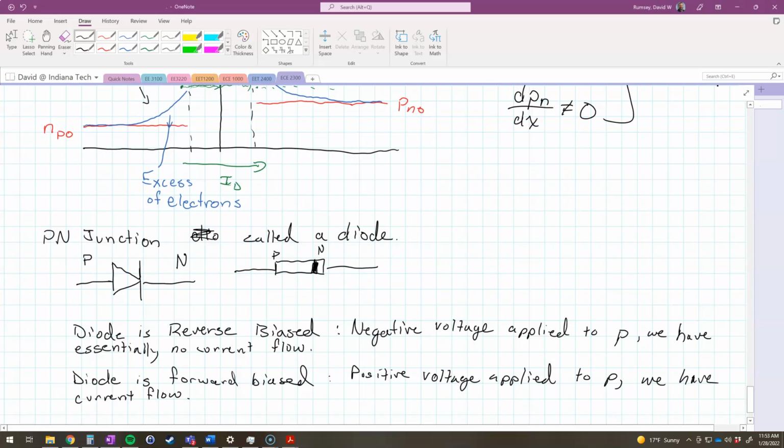Now we'll talk about this in a lot more detail because this is one of the most important applications. It's not the only application of a diode, but one of the more important ones is that it can be used as something that's called a rectifier.